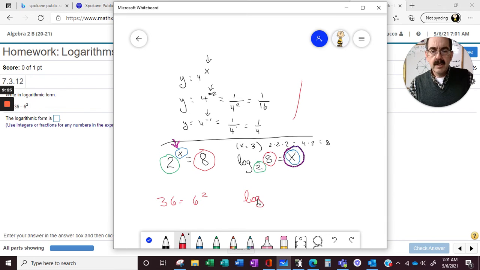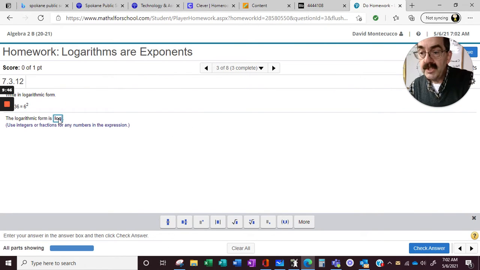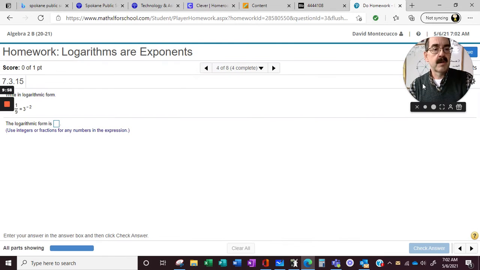Translate: log base 6 of 36 equals 2, the exponent on the other side, so the 36 must go here. So we have to type in log, subscript 6, big arrow, 36 equals 2. We're translating. That's what these assignments are.